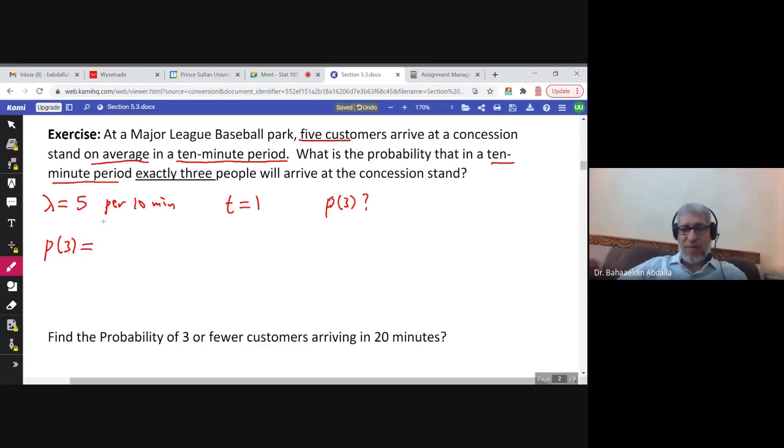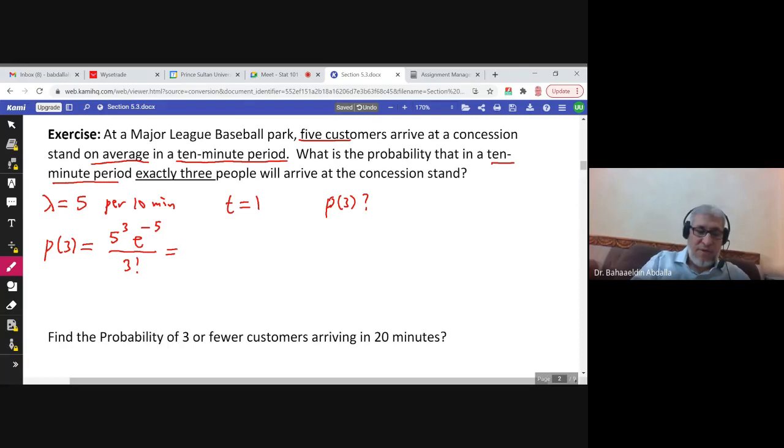We use the formula: lambda times T, so 5 times 1, to the power x, times e to the power negative lambda T, which is 5, over 3 factorial. And you can use the calculator to find the answer.